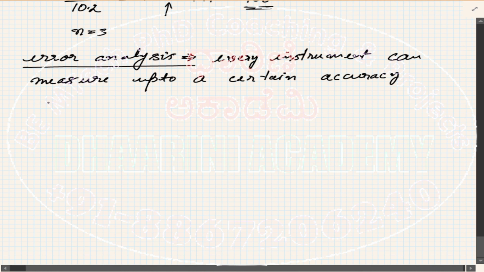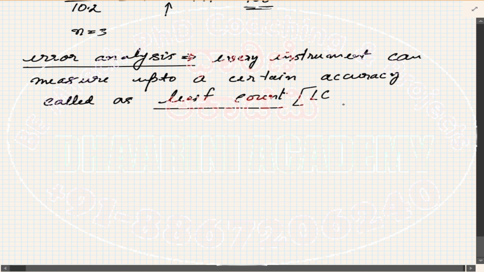So that accuracy is called the least count. Okay, so short form LC. What is the least possible count? We have different standard values for different instruments.